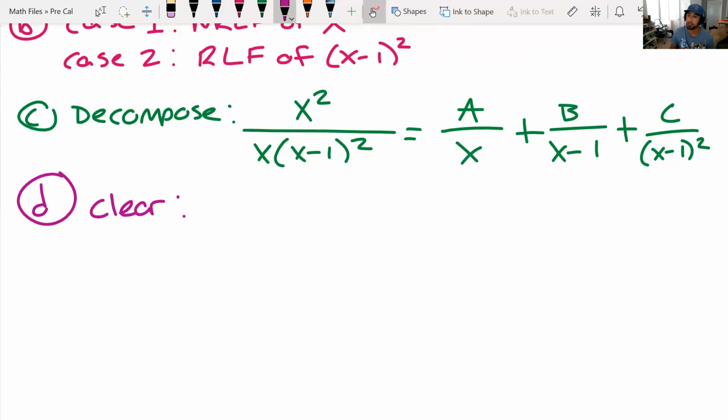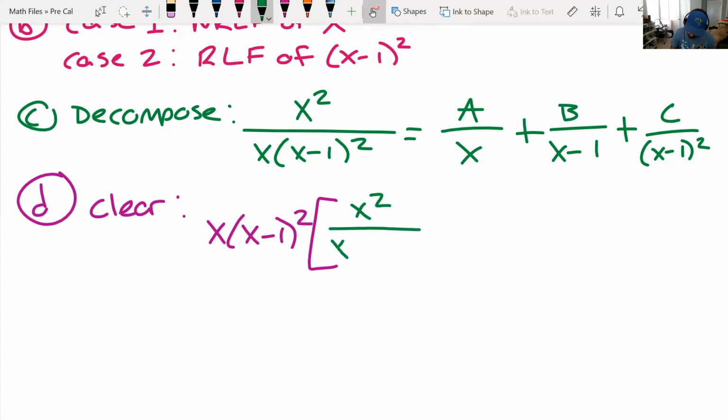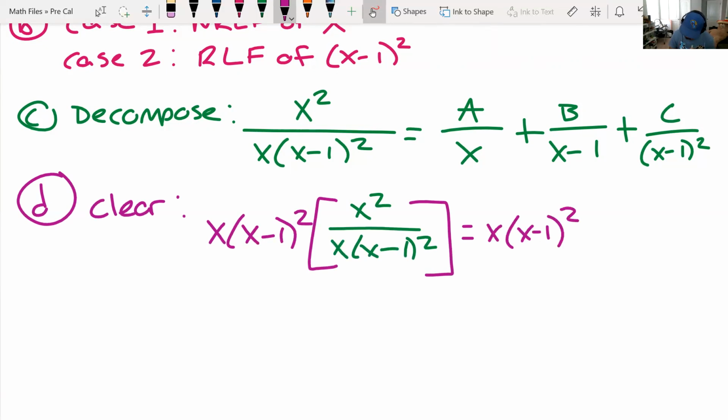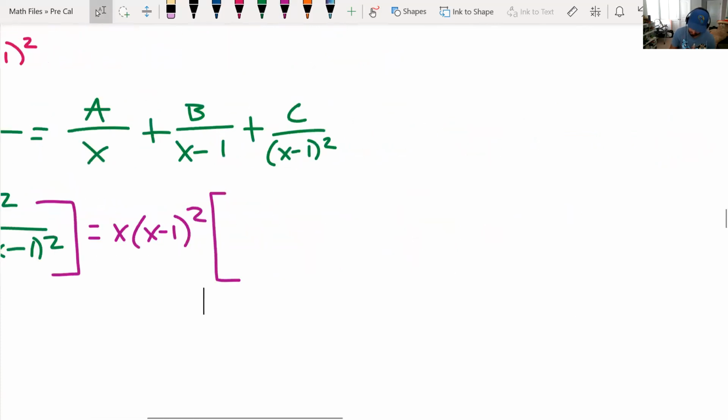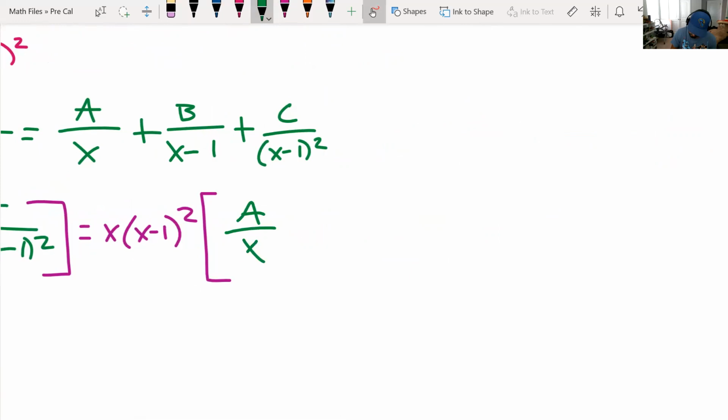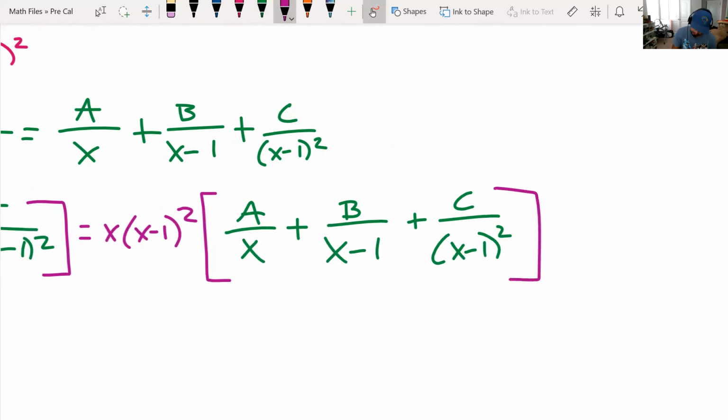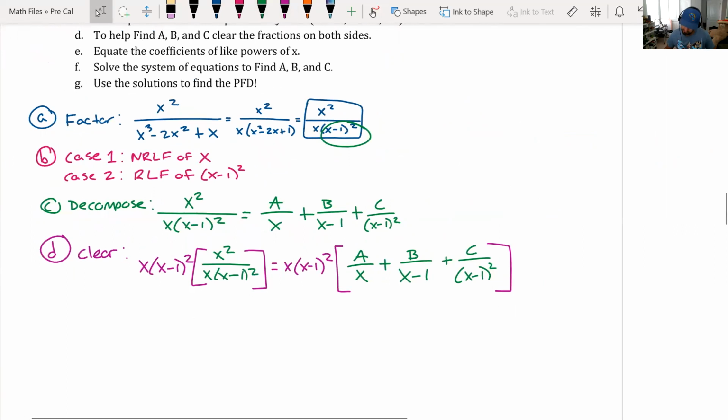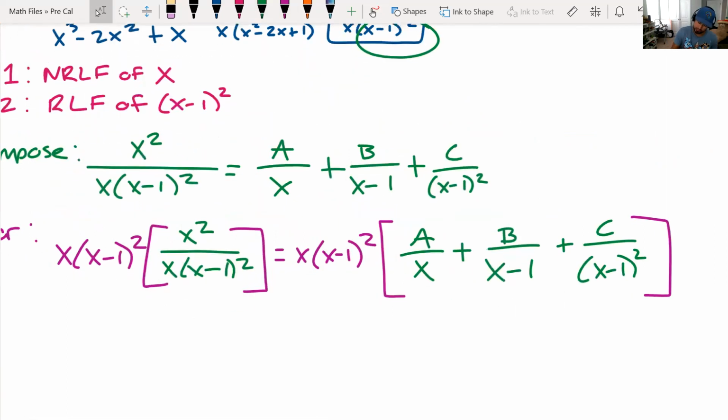D is to clear. And remember, the trick is your common denominator is always the denominator on the left side. So there it is, and distribute, distribute, distribute.